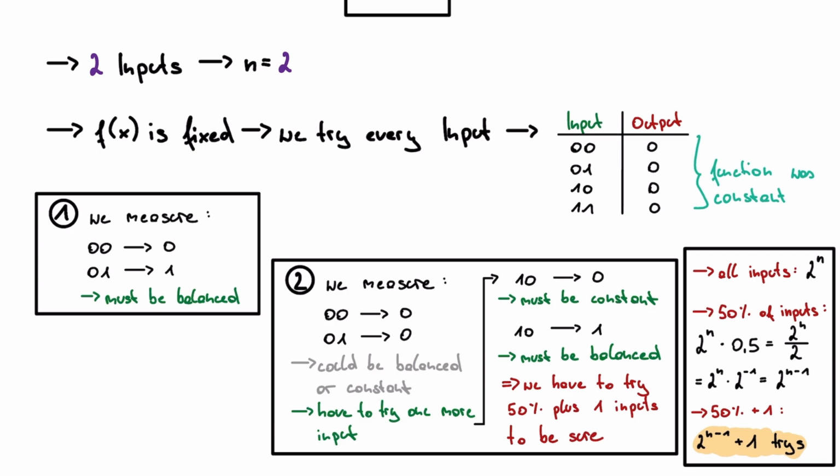And we can only do that by checking input after input one at a time. Now, of course, sometimes we might get lucky and figure it out earlier, like in the first example, but in the worst case, we need to check 2^(n-1) + 1 different inputs. And for large values of n, that can take a lot of time.